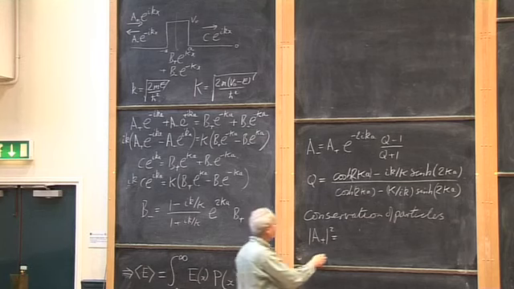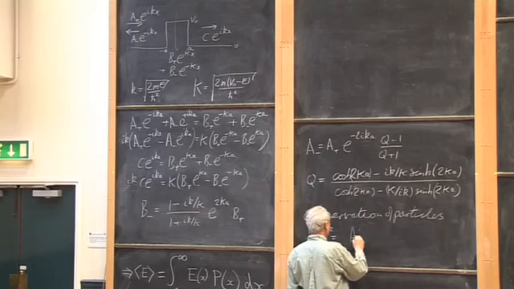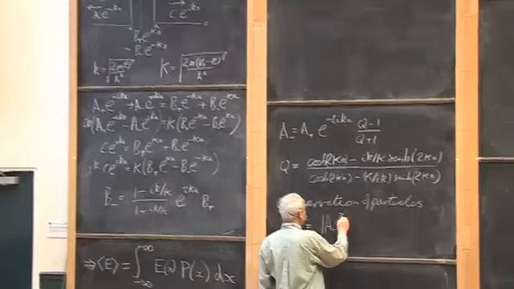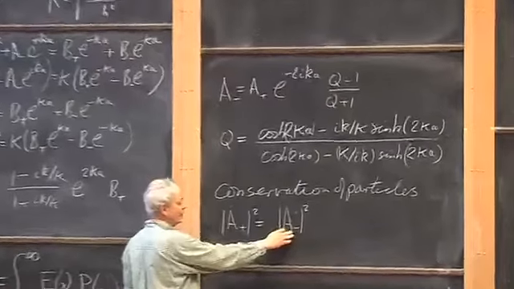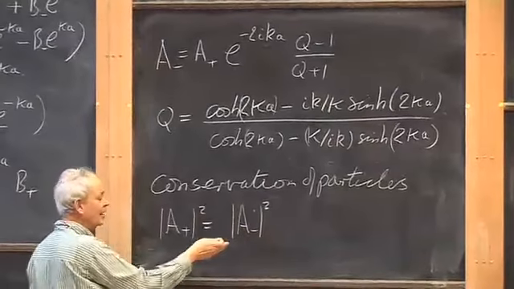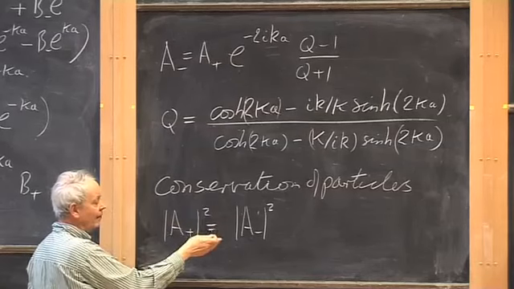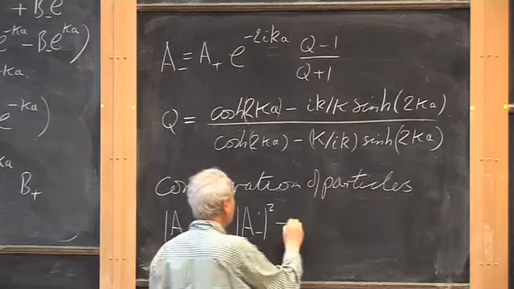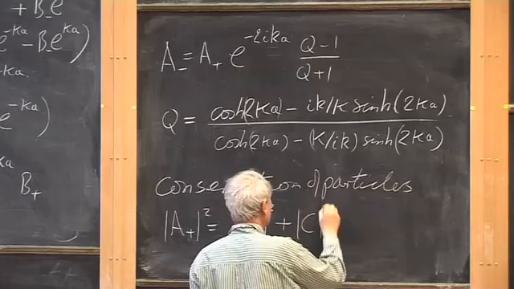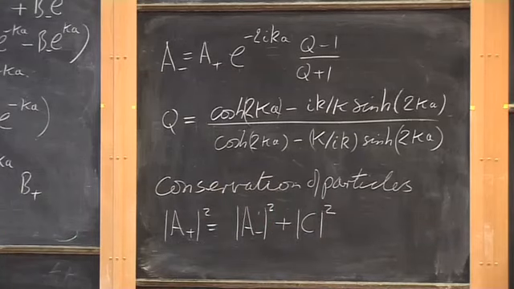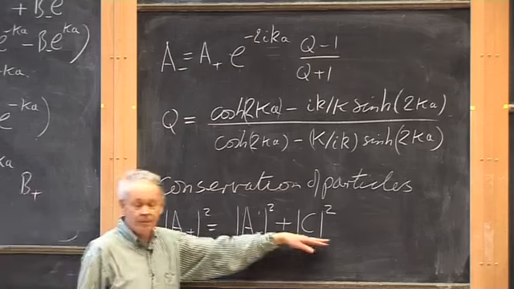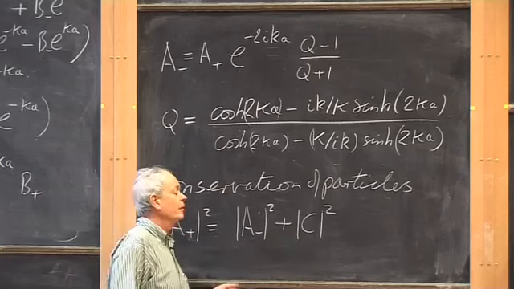And the flux of incoming particles has to equal the flux of the outgoing particles, which is the mod square of A minus, the density of outgoing particles, again times h bar k over m for the speed, plus mod c squared. So conservation of particles implies this relationship between these amplitudes.